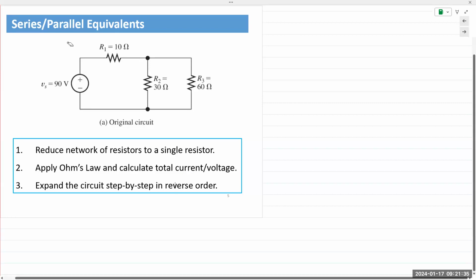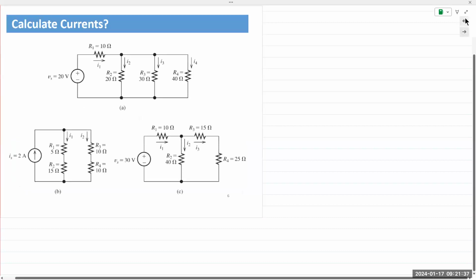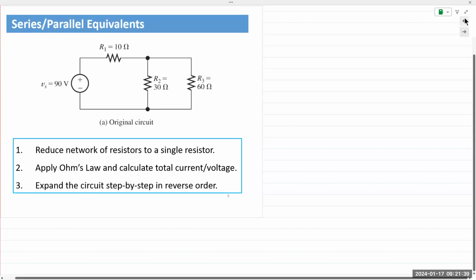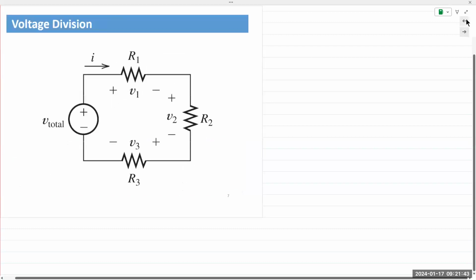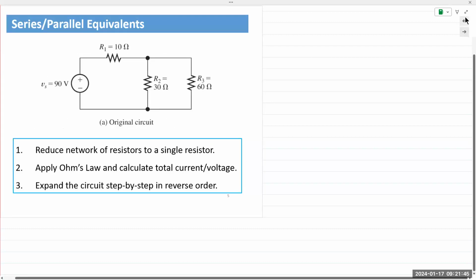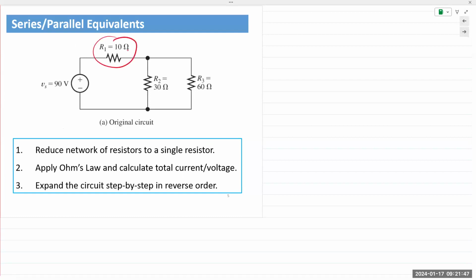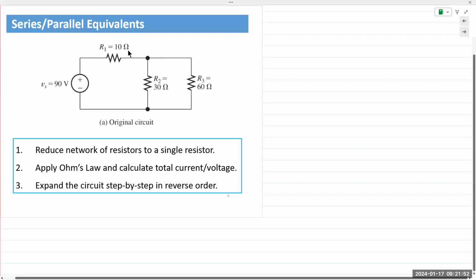Okay, so let's take a look at this example. You have three resistors, R1, R2, and R3. At the farthest end, what do we have?